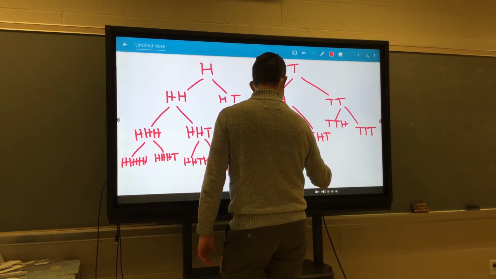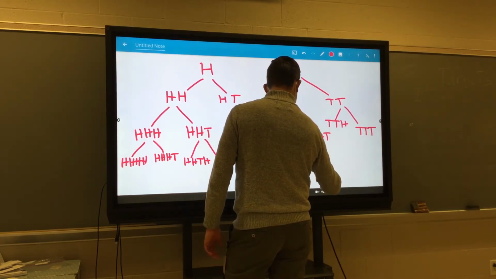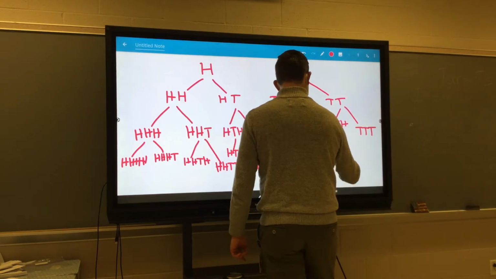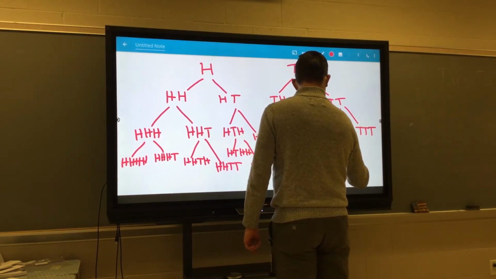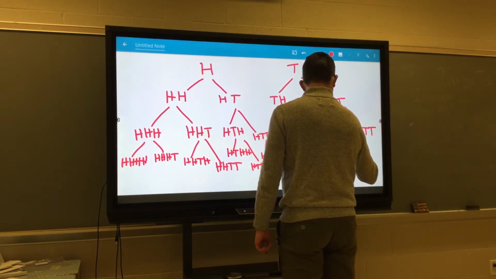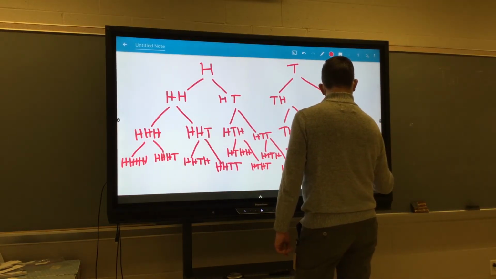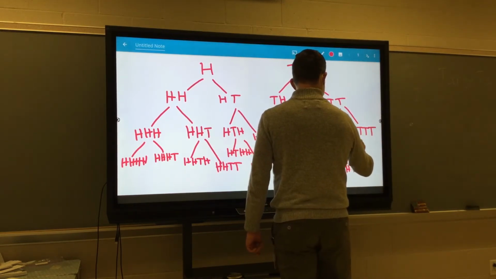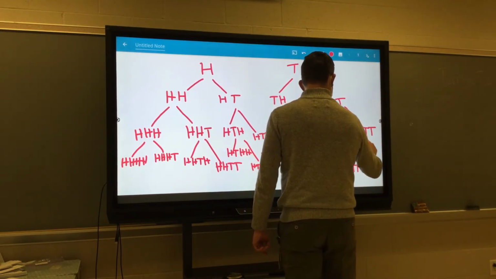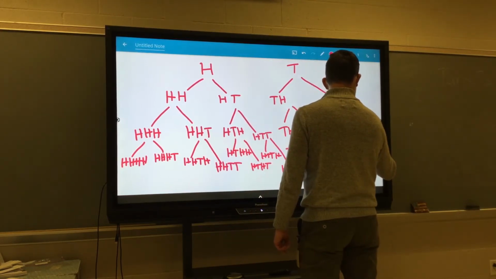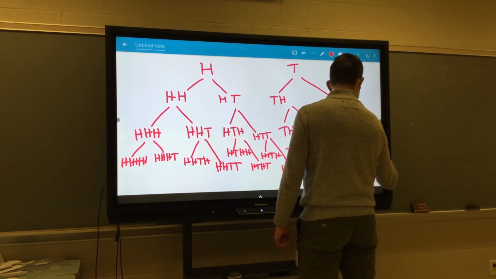Tails, heads, heads, heads. Tails, heads, heads, tails. Tails, heads, tails, heads. Tails, heads, tails, tails. Tails, tails, heads, heads. Tails, tails, heads, tails. Tails, tails, tails, heads. And lastly, tails, tails, tails, tails.